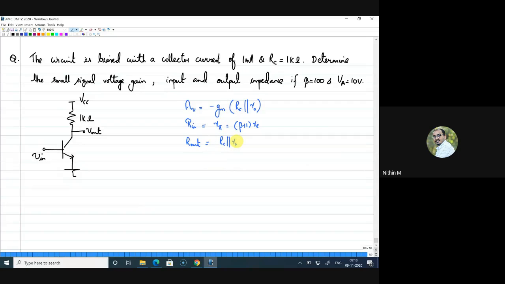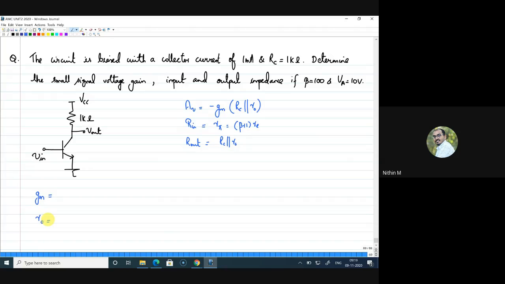Now we have all these expressions with us. Now we need to calculate and get the numerical answers for this, right? So what is the first step to be done for that? Sir, r naught is 1 by VA, sir. No. We need to get the small signal parameters here, right? I need to get the value of gm, also the value of r naught.